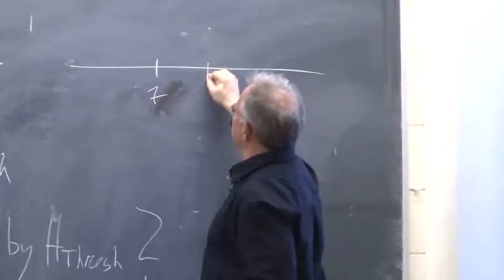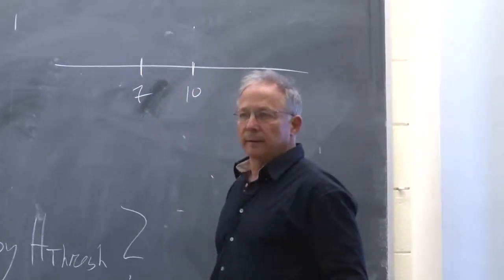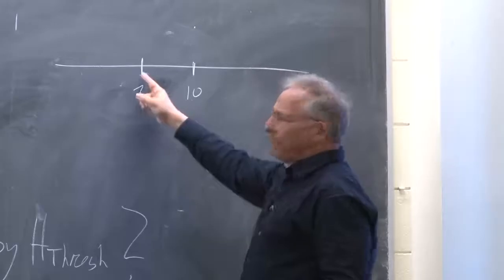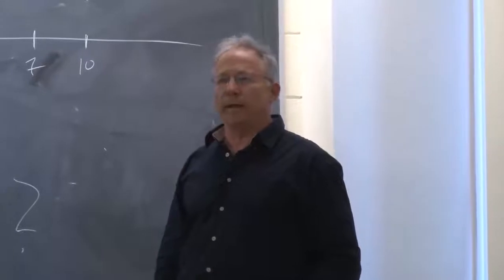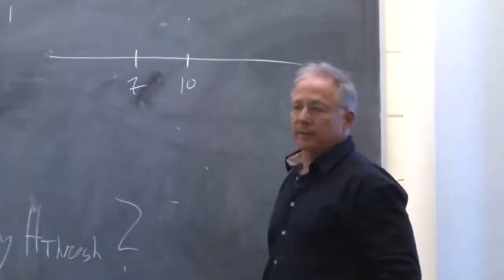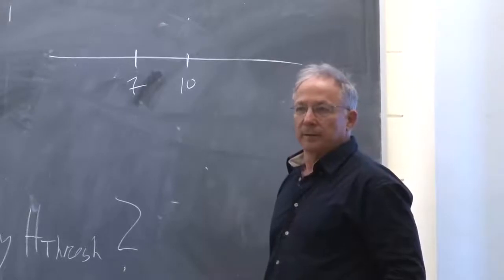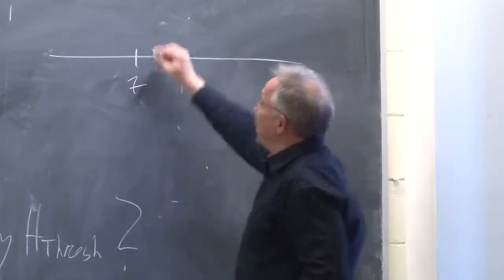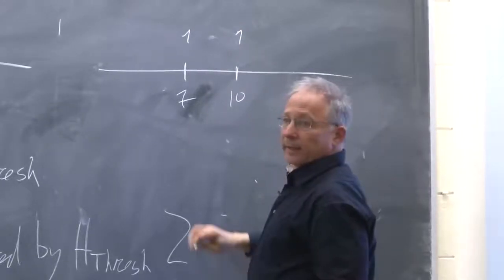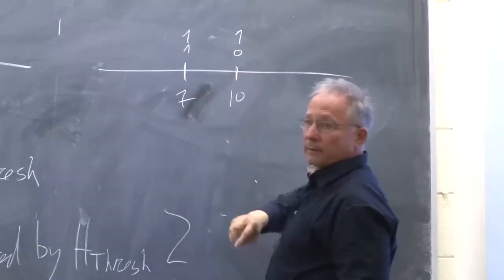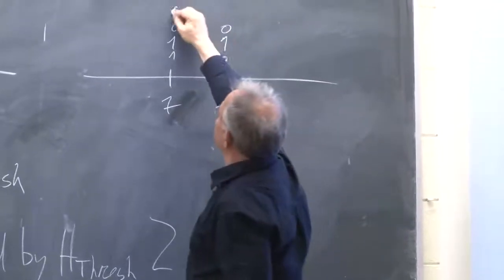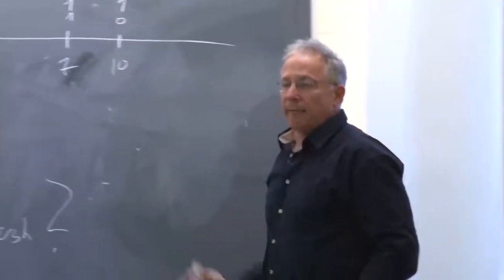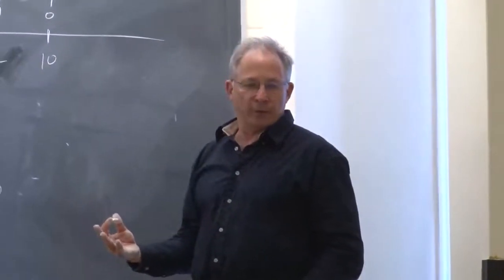So here is the real line. I pick 2 points, 7 and 10. How many functions g to 0, 1 do I have over these 2 points? 4 possible behaviors: 1, 1; or 1 here and 0 here; or 0, 0; or 0 here and 1 here.